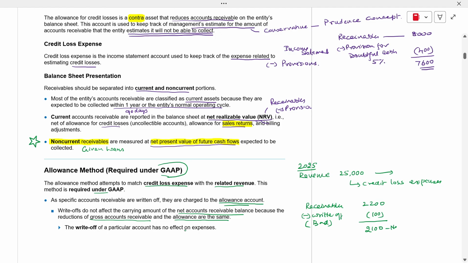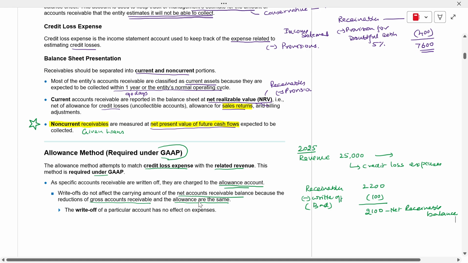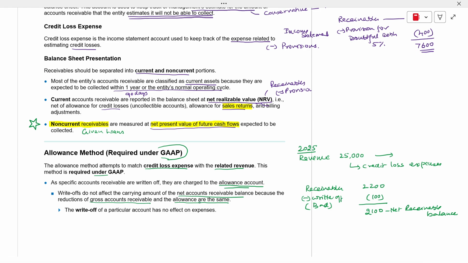This is the net receivable balance. It will not affect anything. Is it not affecting anything? Because the gross accounts receivable and the allowance will be reduced by the same amount.